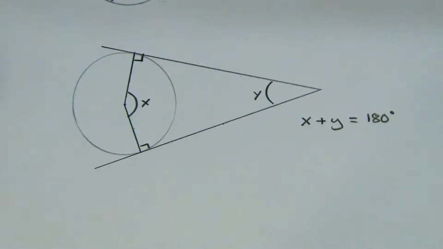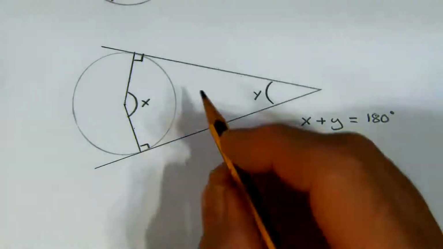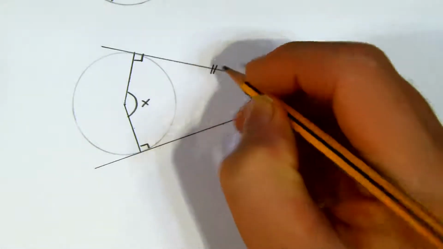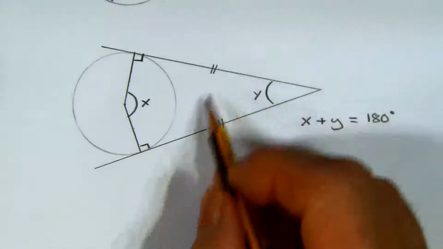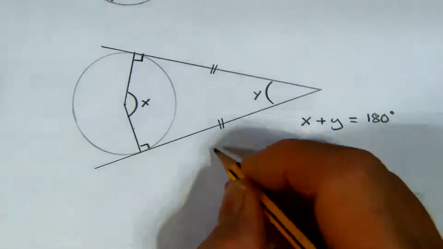What we also get from this is that these two tangents are equal.